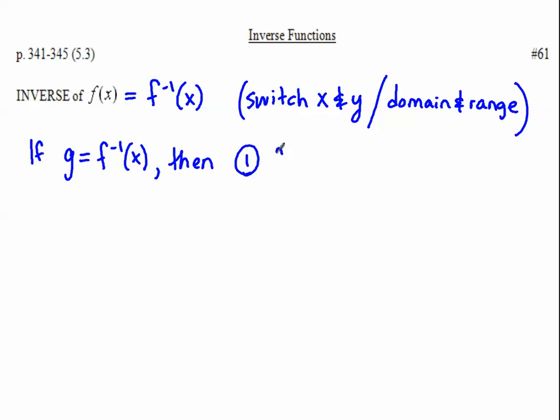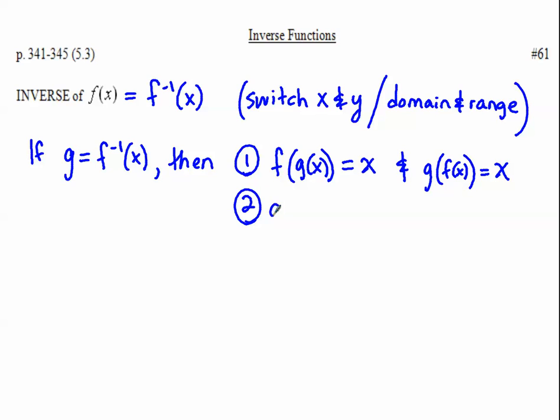One, when we do the composition of the functions, f and its inverse, f of g of x, since we're calling g the inverse of f, it gives x, and composition the other way, g of f of x, it gives x. A second important thing to think about is that when functions are inverses of each other, the graphs of those functions reflect over the line y equals x.